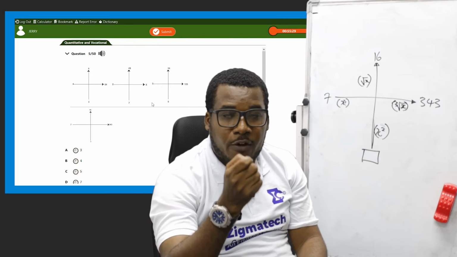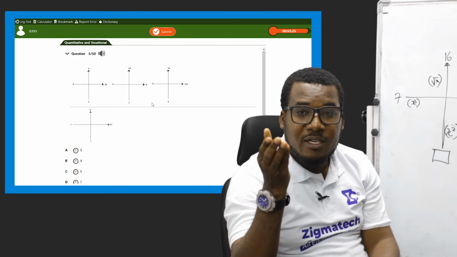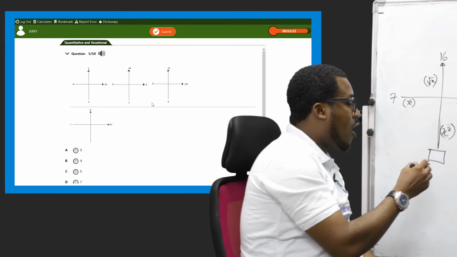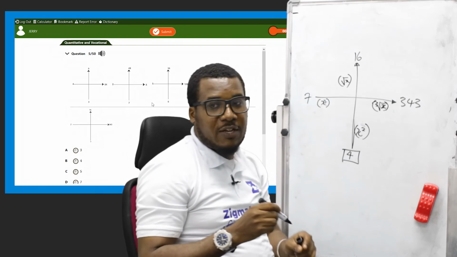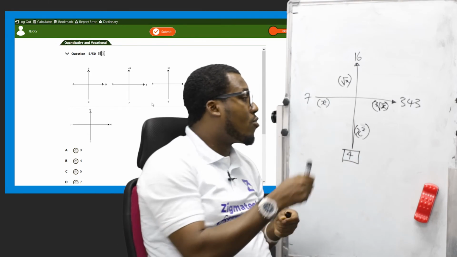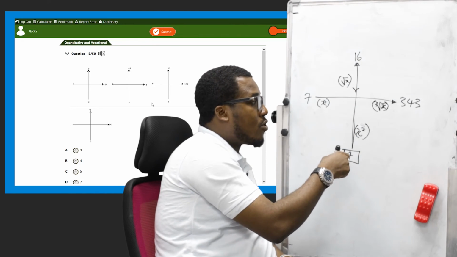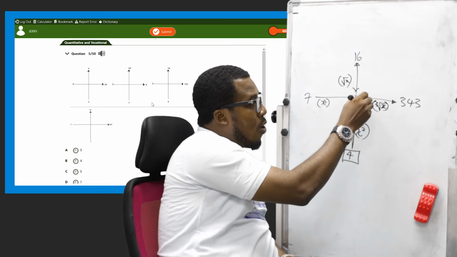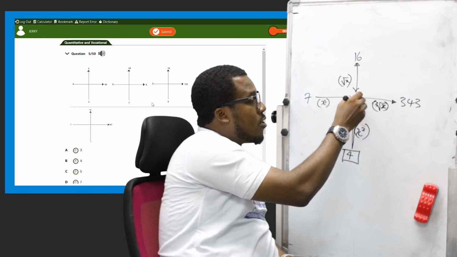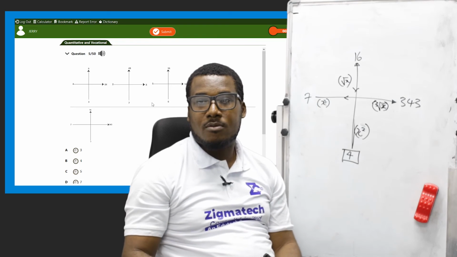We know the square root of 16 is 4. That means our answer here will be under option B, which is 4. So square root of 16 coming down is 4. Remember, going up, square, coming down, square roots. Going forward, square, cube, coming backward, cube roots.